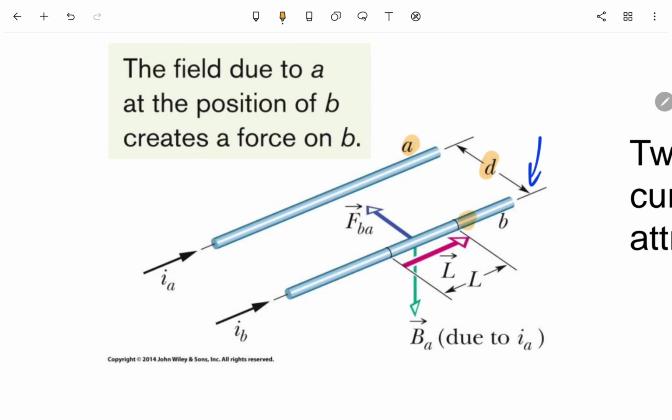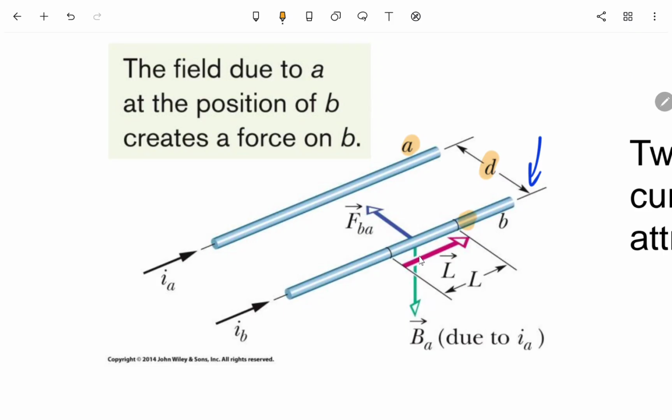Suppose the current is going in that direction, the B field will be like this, so here it will be pointing downward. So B_A generated by wire A will be pointing downward according to the right hand rule.